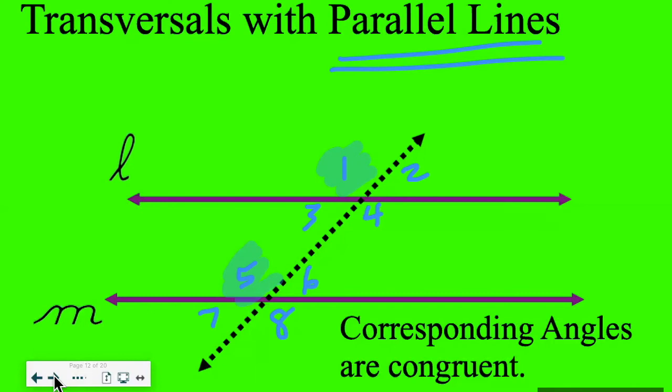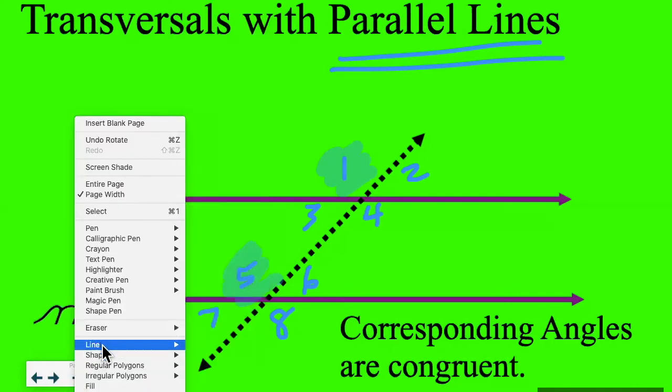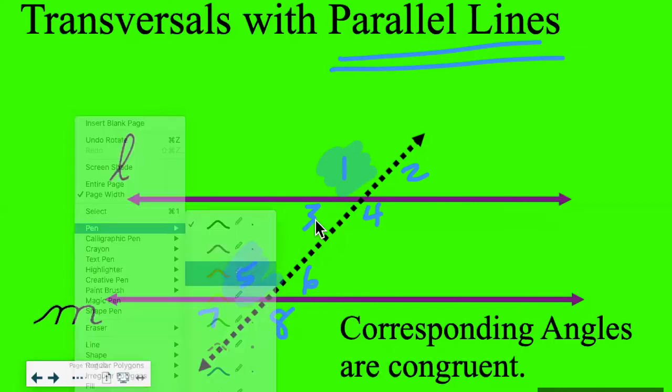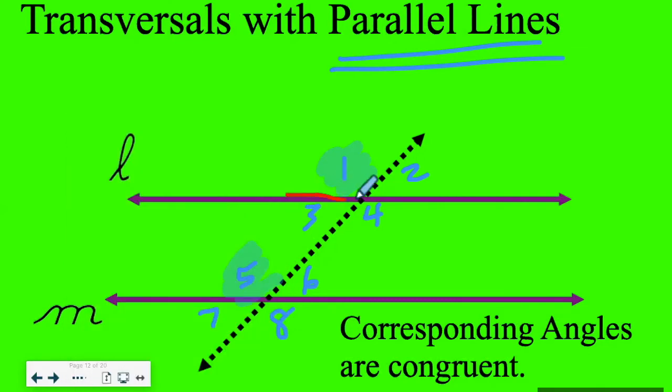So does it make sense that these are congruent, the same measurement? Let me just see if I can show you this. If I kind of draw, and I'm doing this on the computer, so it's a little less precise. Okay, so I drew angle 1, right?